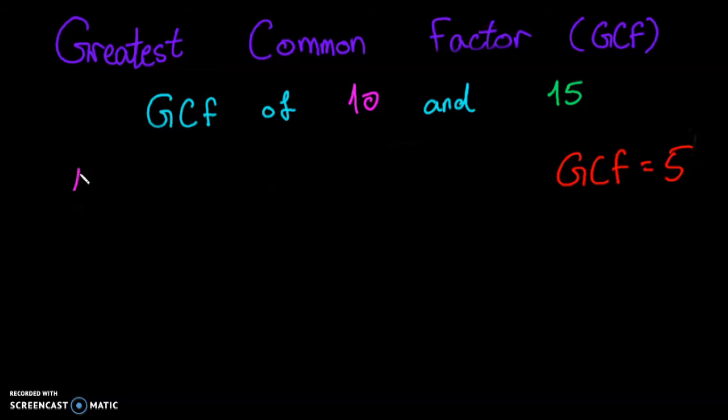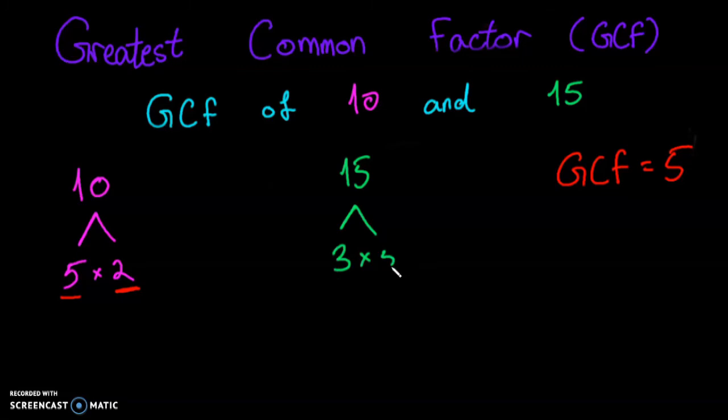Now with the other method, 10. 10 can be separated 5 times 2. 5 is prime and 2 is also prime. Now 15. 15 can be written as 3 times 5. And again, 3 is prime and 5 is also prime. And now we look at the same number. What numbers do we have that are the same?